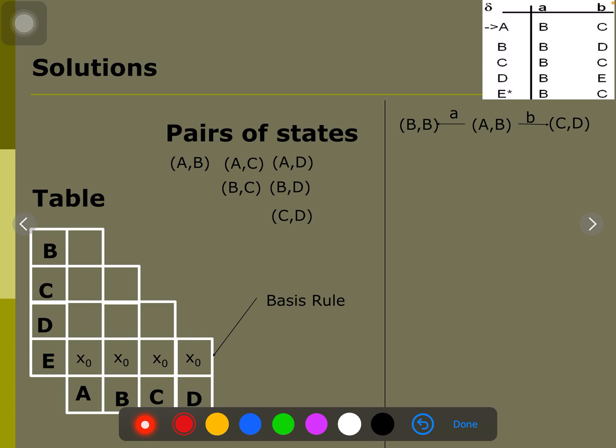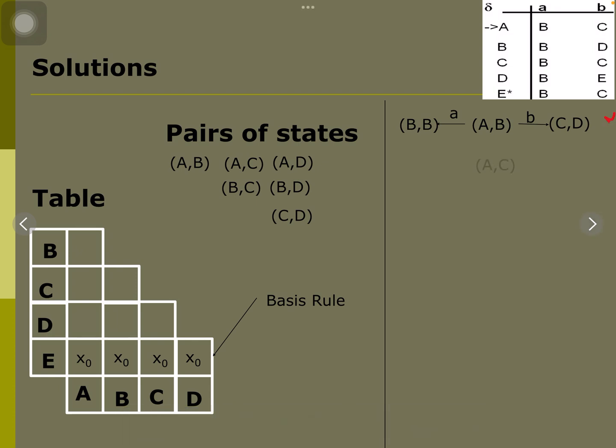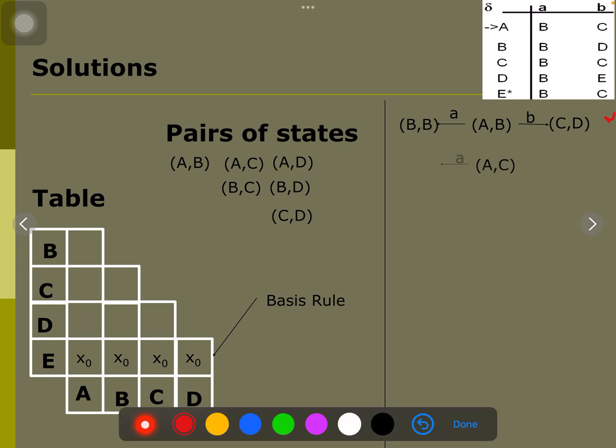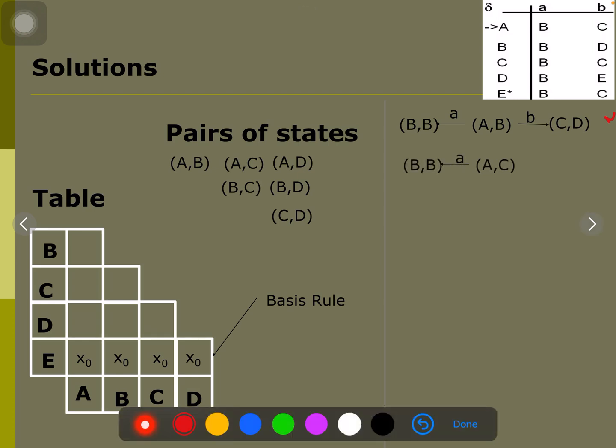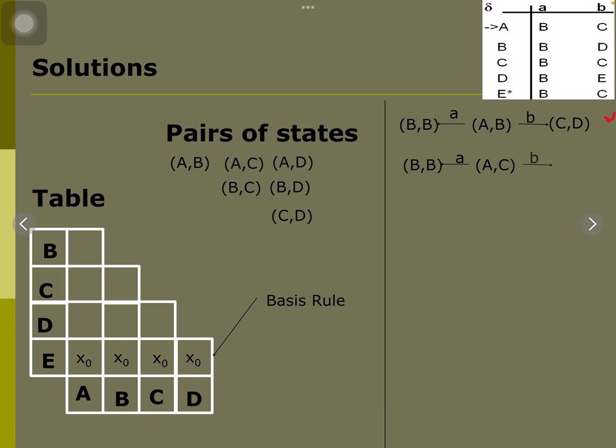Similarly, the next pair of states is AC. Find out the transitions for that. AC on A will get BB, AC on B will get CC.